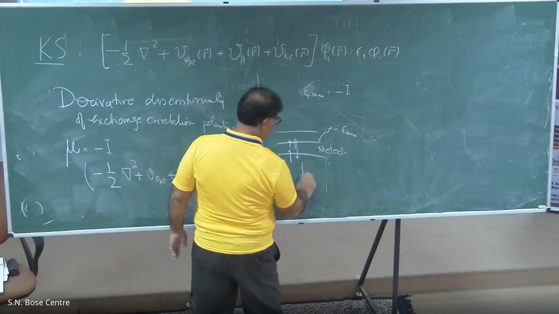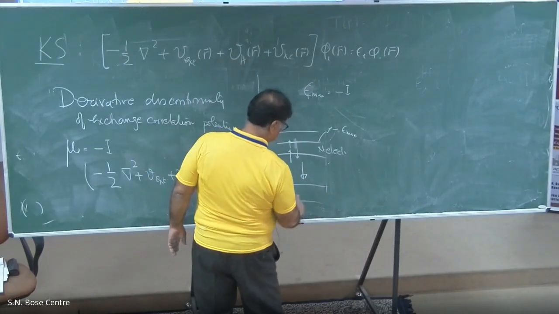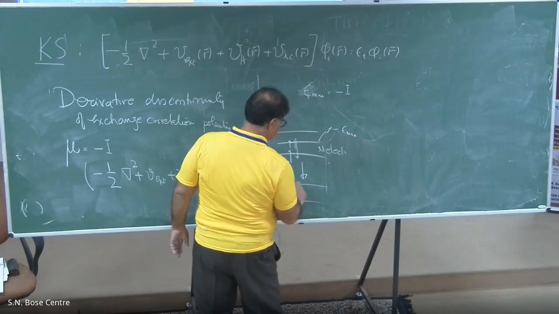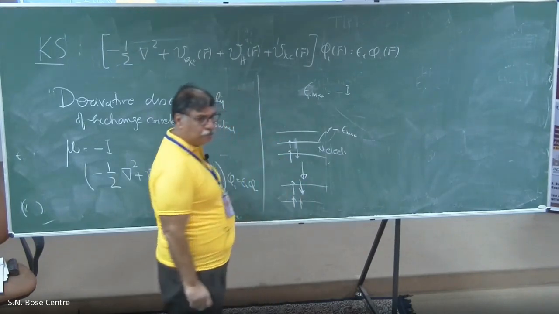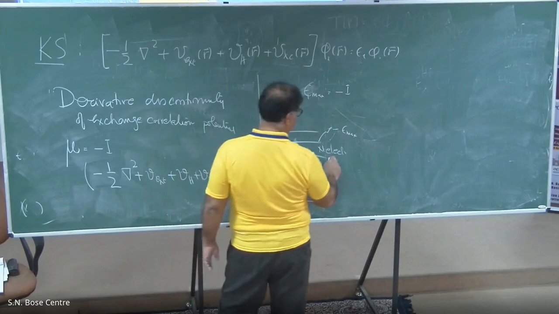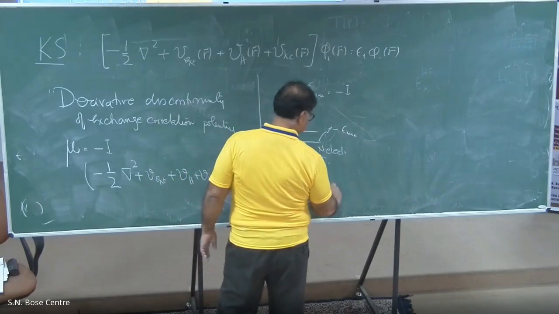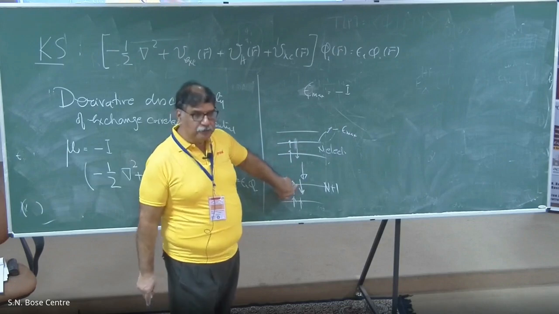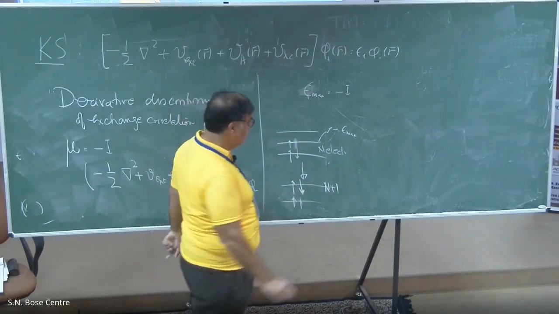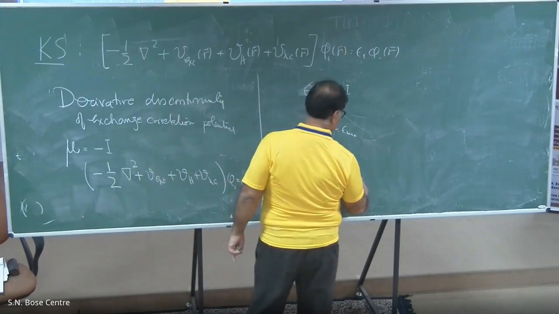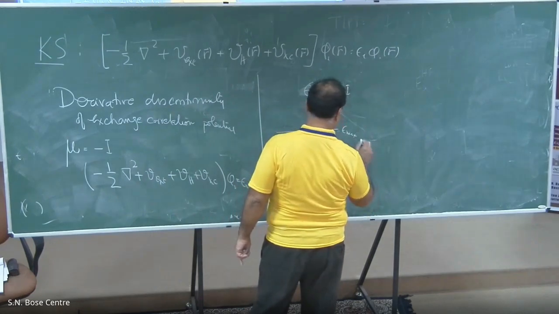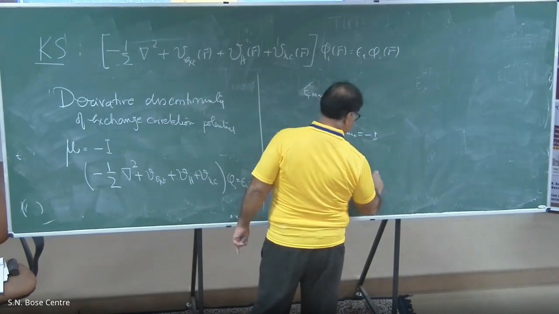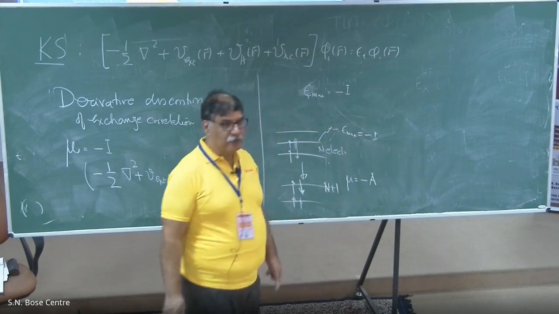Now I change it to add one more electron. So let's say this is n and this is n plus 1. There's an empty space here, so the ground state will go here, right? Suddenly mu changes. So minus I changes to, let's say, affinity.